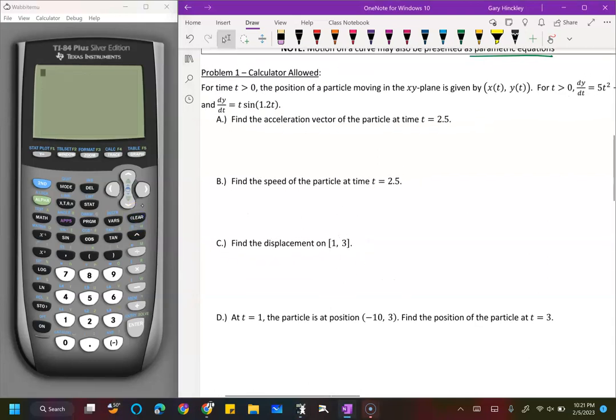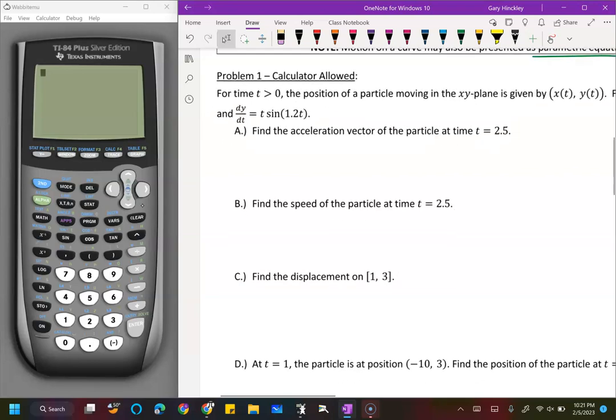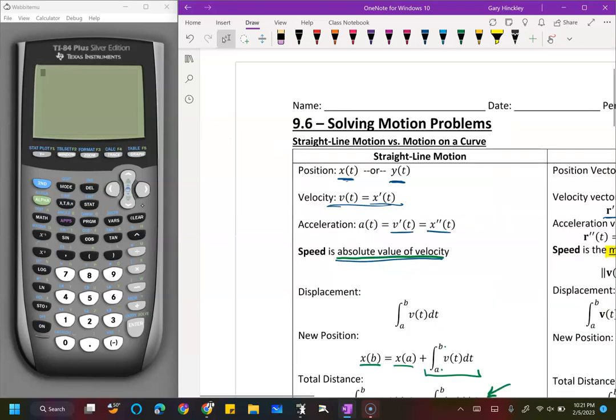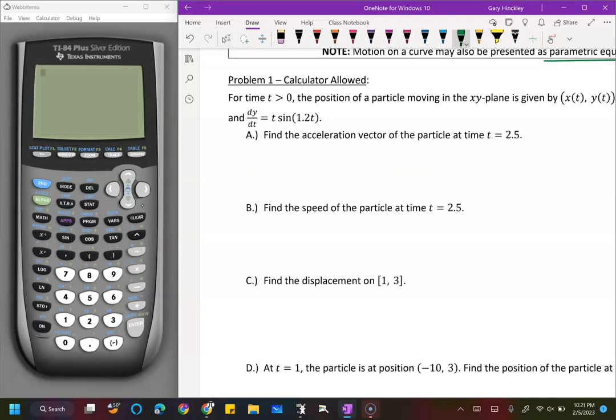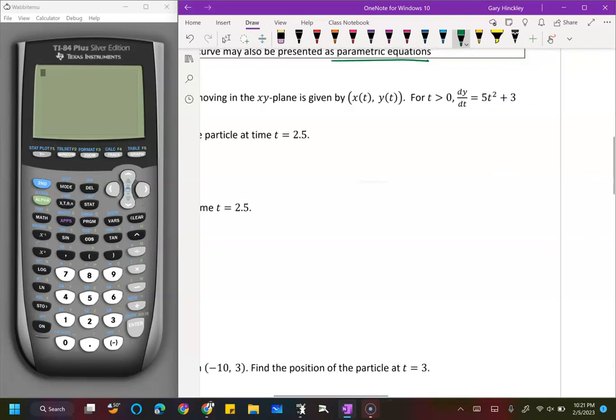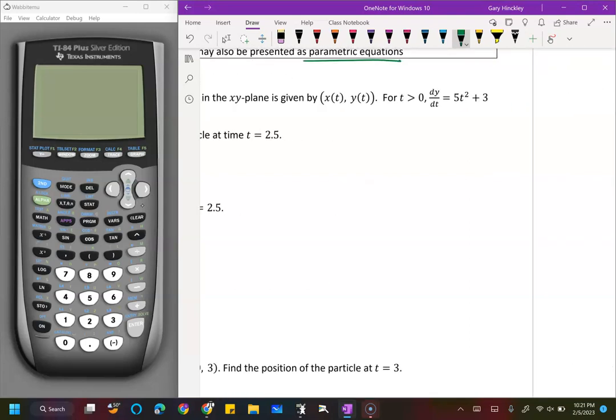So we have, for time greater than 0, which makes sense, the position of a particle moving in the xy plane is given by the parametric equations x of t comma y of t.